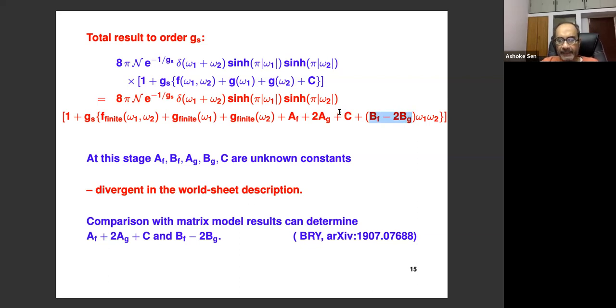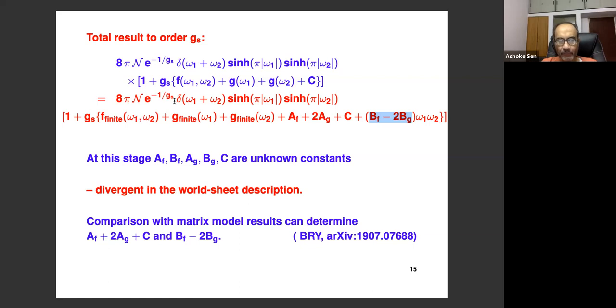Now, as I said, the actual result for this is known from the matrix model. The matrix model gives the exact result, which you can expand and read out the instanton contribution. So you can compare with the matrix model result, which I'll write down in a few minutes. What BRY did in their original paper was that they of course couldn't compute F and G analytically. So they plotted this as a function of omega-1 and omega-2.